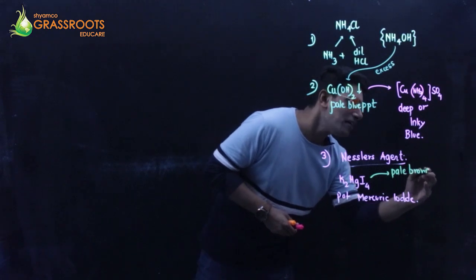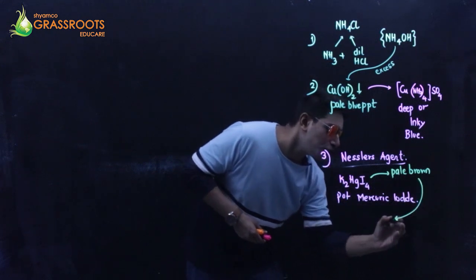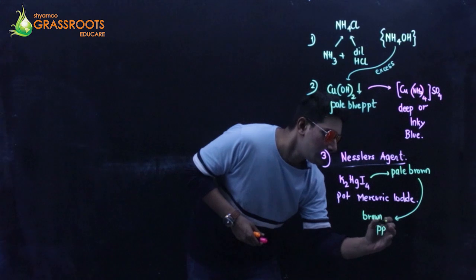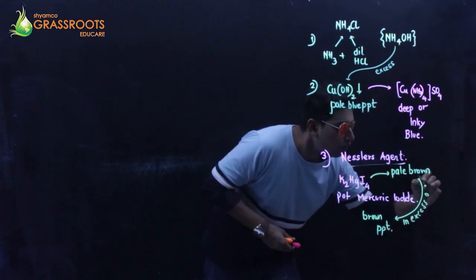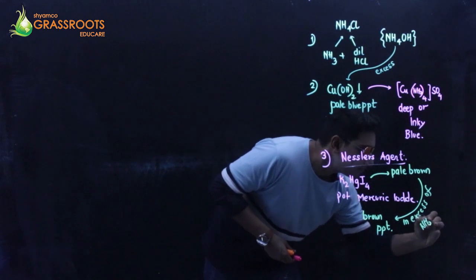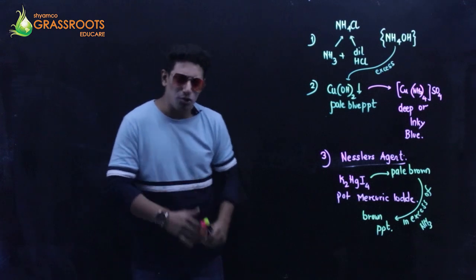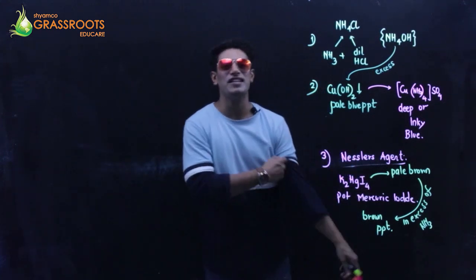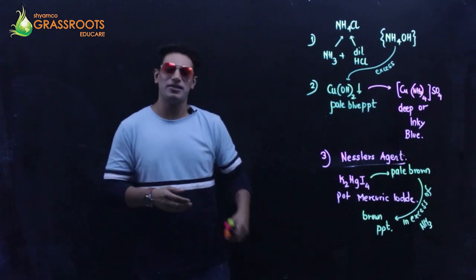And when we add excess of ammonia, the pale brown solution turns into a brown precipitate. So always remember, Nessler's reagent on reaction with ammonia turns pale brown, and on addition of excess ammonia turns into a brown precipitate. So these were the chemical tests.